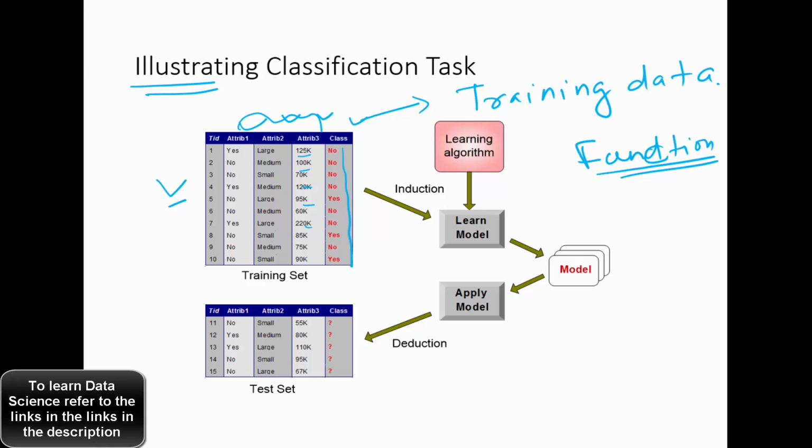So in training data, you will always have the class already defined, but in the new data or in the test data, you won't have the class. You need to find it using the function. So this training data will be used to find the function, and then the function will be used to find the value of the class variable for completely new data.